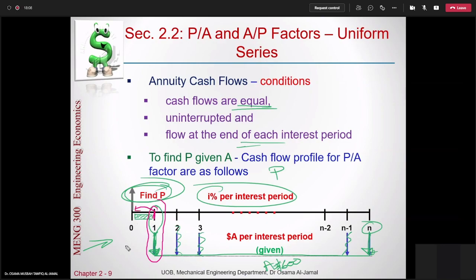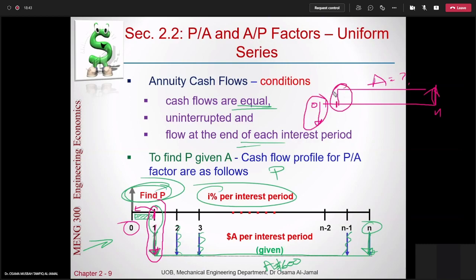P is just one to the left of the first cash flow, which is at the beginning of that year, at time 0. It's like saying that I'm going to invest at time 0, how much am I going to get yearly later on for a certain number of years. They're the same idea. That's why it's one to the left of the first cash flow.